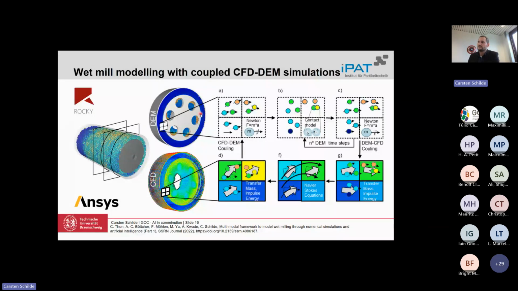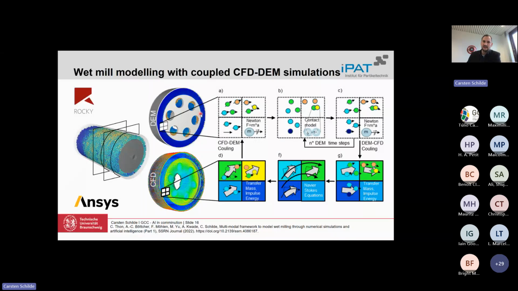For the breakage rate, we want to implement our real stress intensity distribution. Of course, this is also known to a lot of people in this audience: we can do CFD and DEM simulations in order to derive this stress energy distribution.